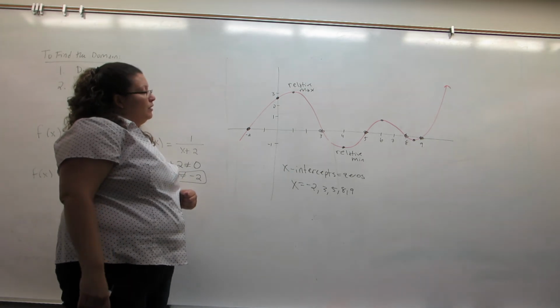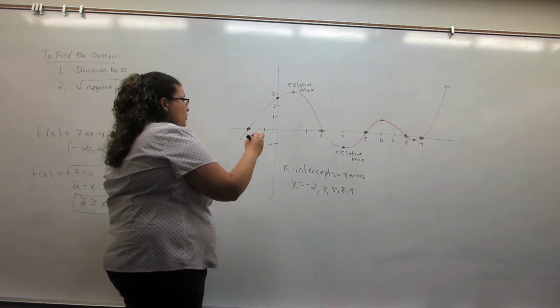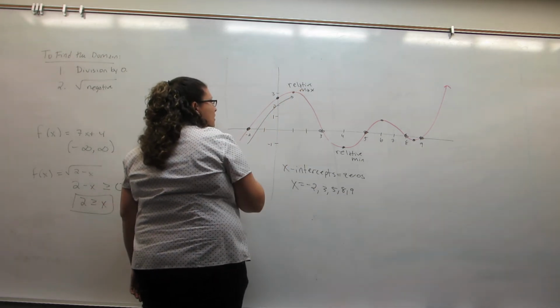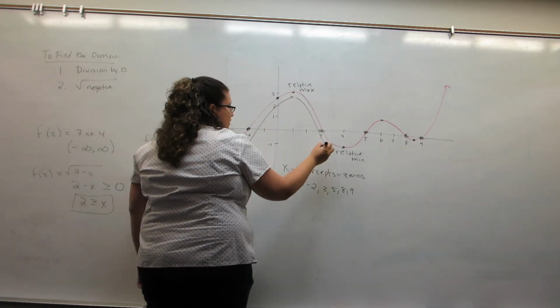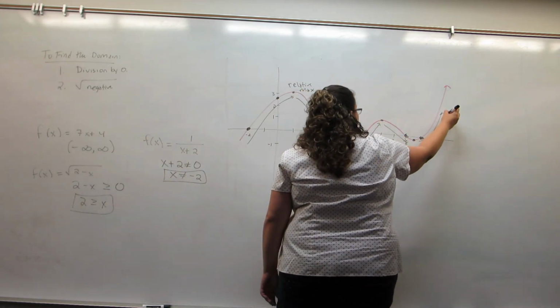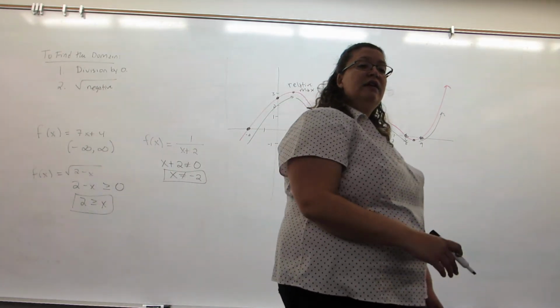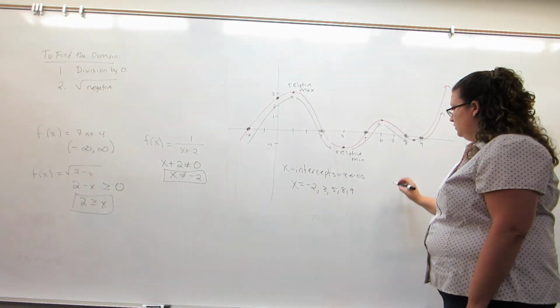The last thing we want to look at is the increasing, decreasing behavior. So obviously the graph is going up until there, then down until there, up, down, and up. We want to be able to identify increasing and decreasing intervals.